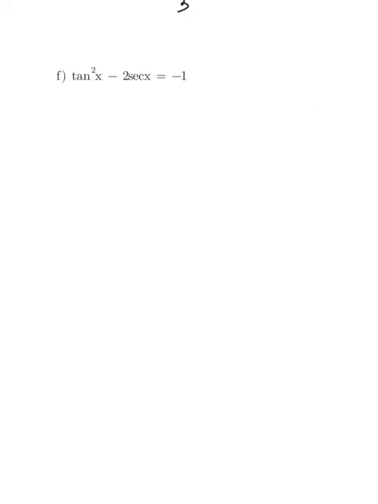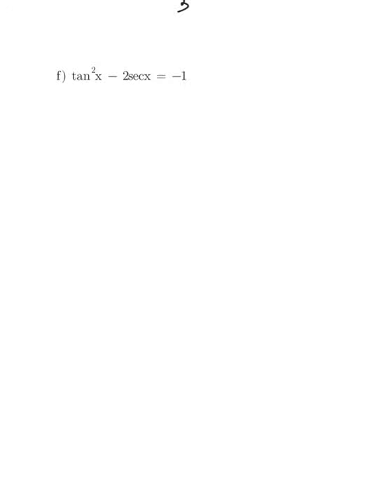Our last example of this type of problem, we have tangent squared of x minus 2 secant of x equals negative 1. Well, notice that we have two different functions, but one's a squared. And if you remember, tangent and secant are in the same Pythagorean identity.